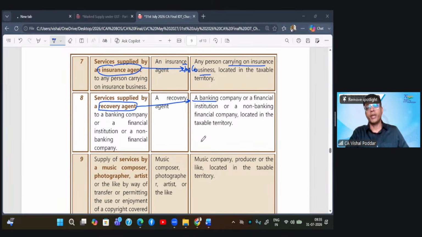That is why I have written that where the fees is director's remuneration given to the director in the capacity of a director, not as any other professional, and you are giving fees on which TDS under 194J is deducted, yes, it is under RCM.